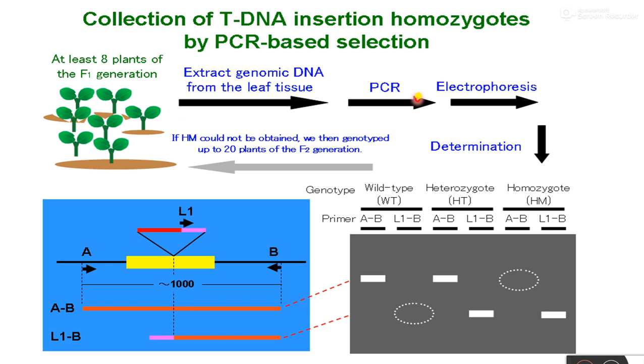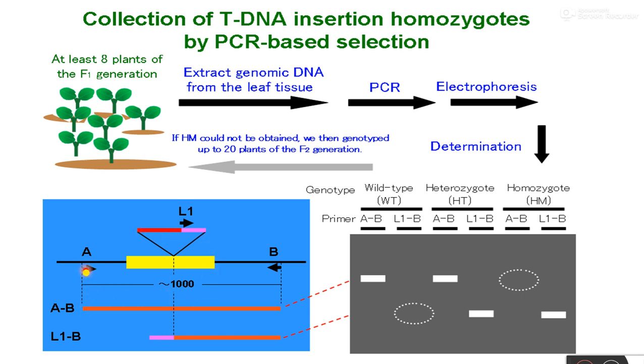And in the PCR method, the first thing we generally need is the genomic DNA extracted from all these seedlings, right? And the second thing we will need is 2 pairs of primers.